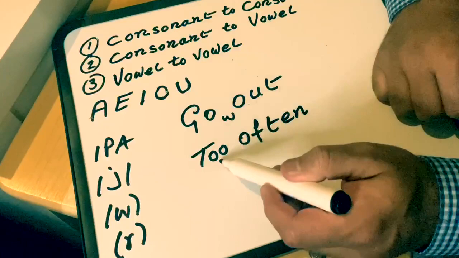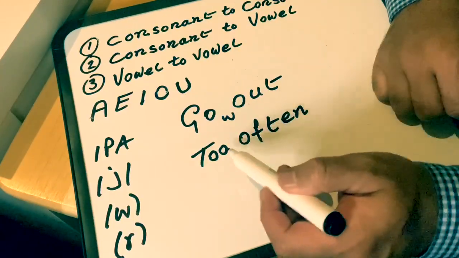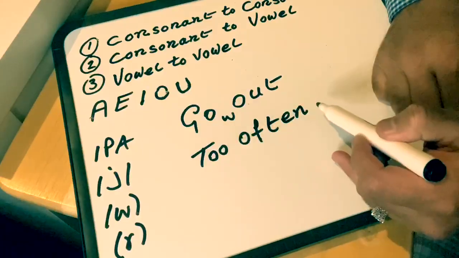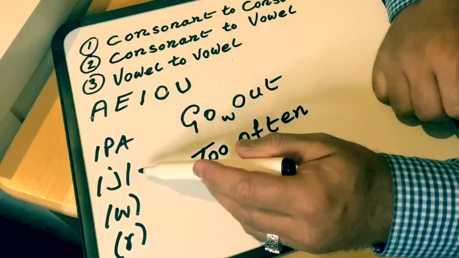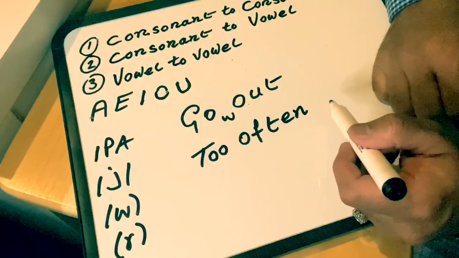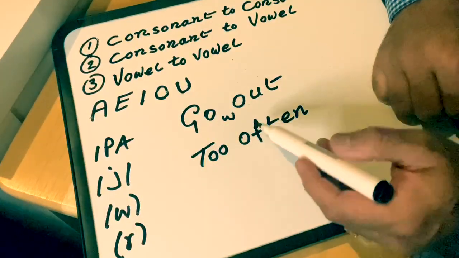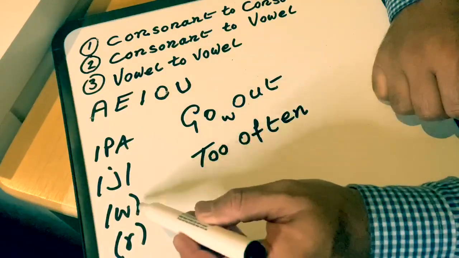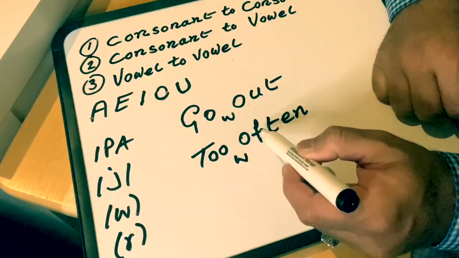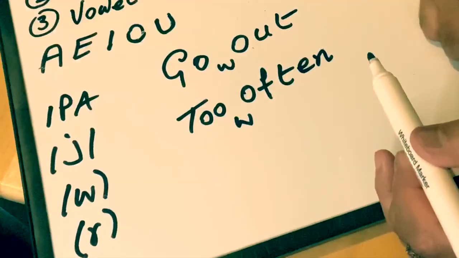Instead of saying too often, you need to say a sound in the middle to connect. So what sound do you think? Ya, wa, ra. Which one will go there? Too woften, too woften. It is the wa sound here.